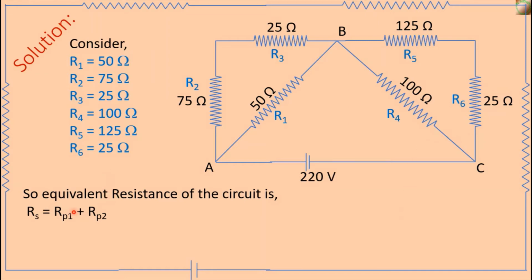Therefore, Rs is equal to Rp1 plus Rp2, and we know Rp1 is 33.33 ohm plus Rp2 is 60 ohm. This is equal to 93.33 ohm. This is the equivalent resistance of all these 6 resistances, and this is our answer.